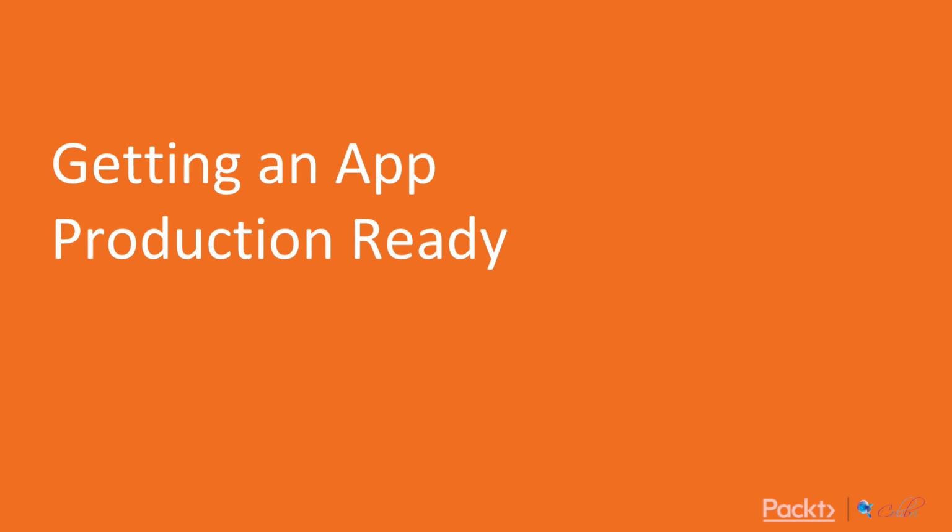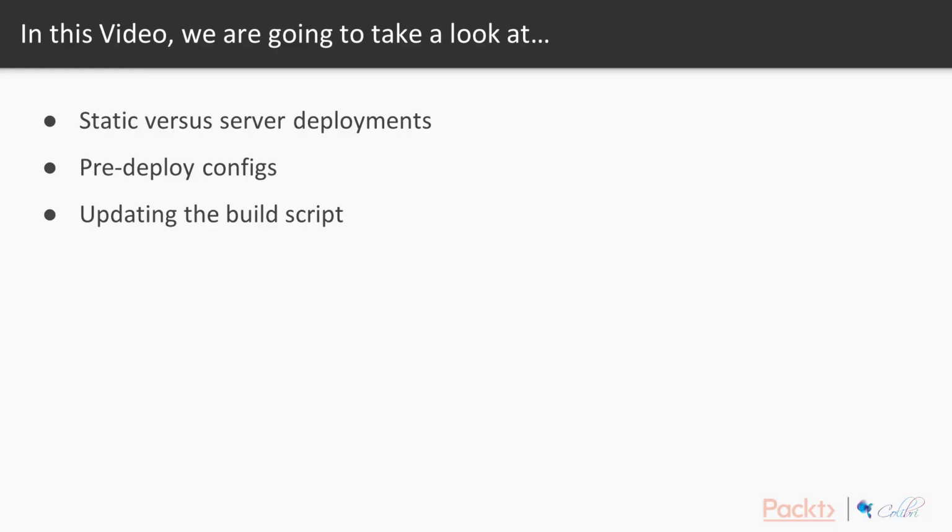In the first part, let's have a look at what we need to do in order to get our application production ready. If you remember, in the previous section we built our application and optimized it, and now we need to be able to deploy it. First of all, I will quickly go with you through the differences between static app and server deployments. We will see the main distinction between those two types of processes.